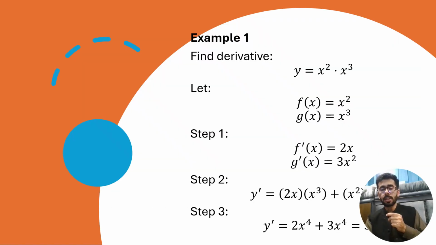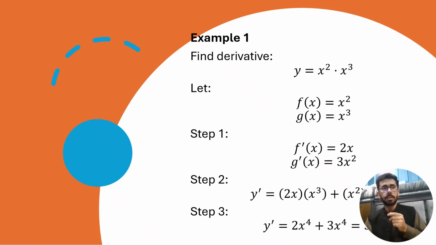For example, we take this equation which says y is the product of x square and x to the power 3. Now these are two functions, one is the square function, the other is the cubic function. Let's name the first function f of x, the second function g of x.